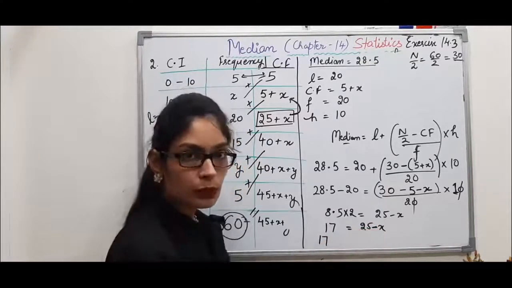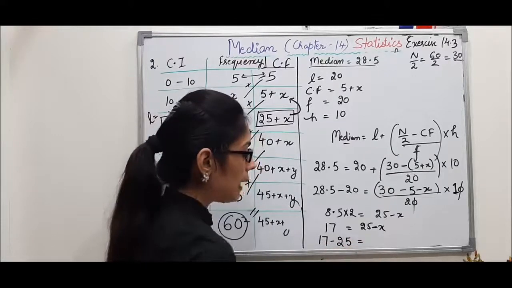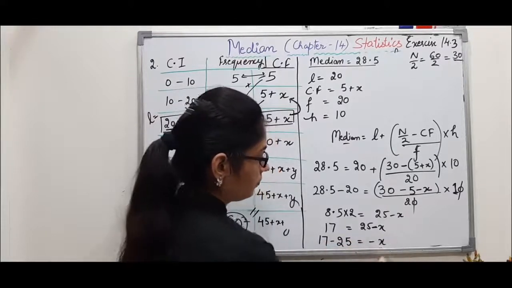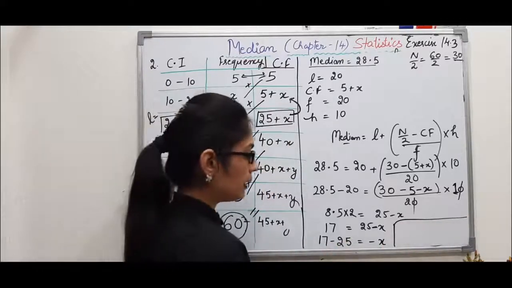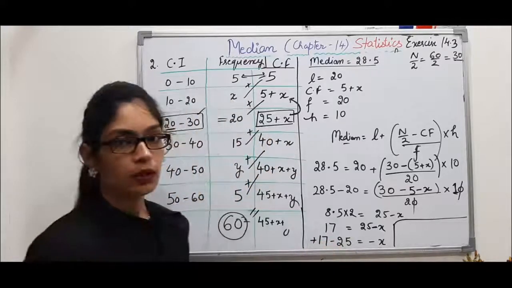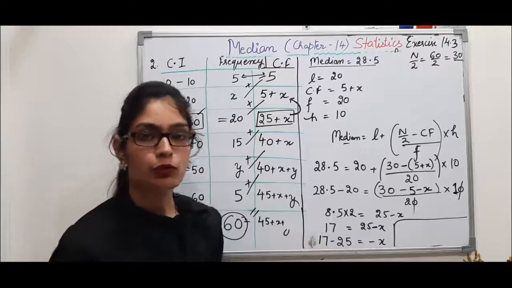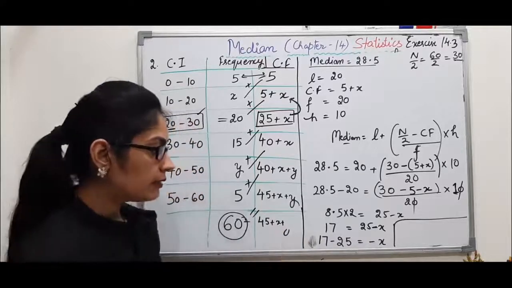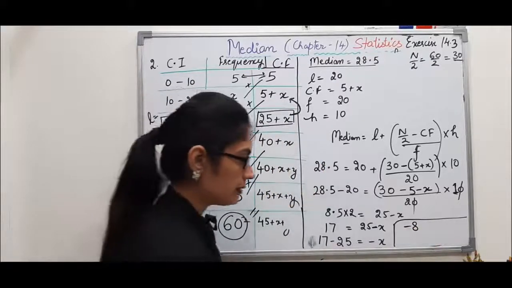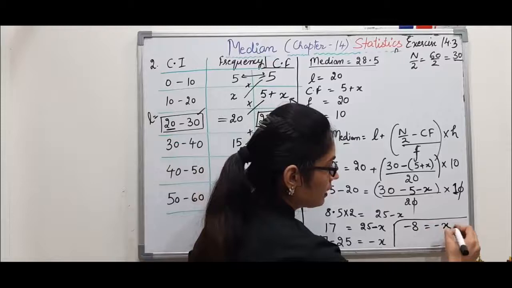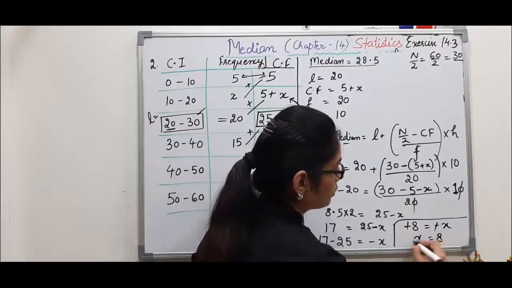This is plus 25, on shifting it will be changed to minus 25. Minus 25 equals minus x. 17 minus 25: 17 is positive and 25 is negative. Plus minus is always minus, with the sign of the bigger number. So 25 minus 17 is 8, and with 25 we have the minus sign, so minus 8 equals minus x. This minus sign and this minus sign will get cancelled, so we get x equals 8.